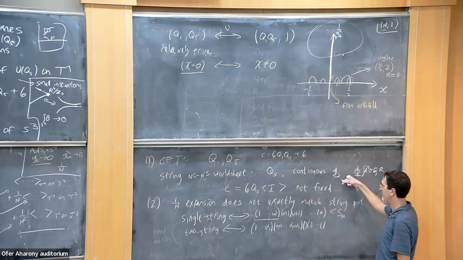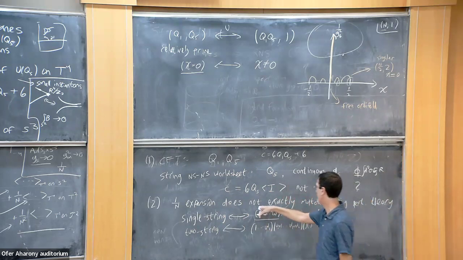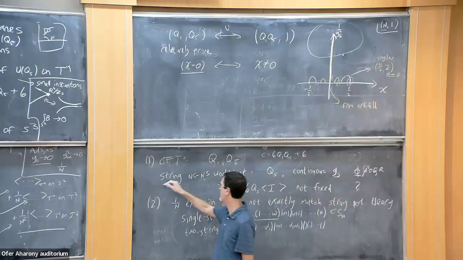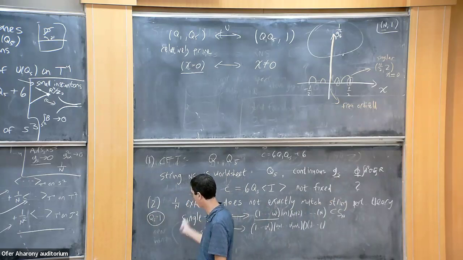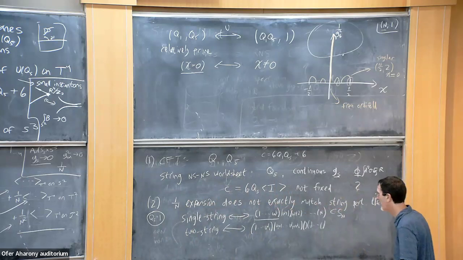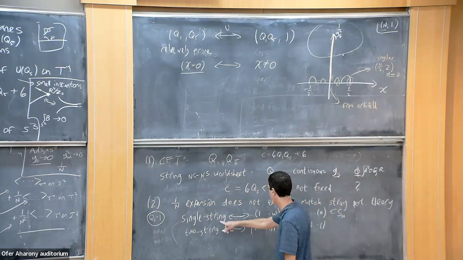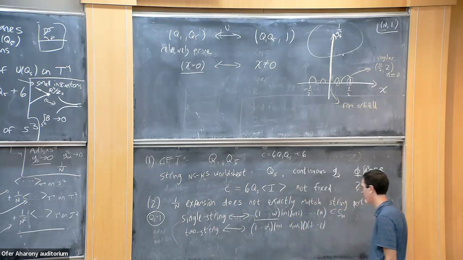So again, one mismatch is just in the number of parameters, and the other mismatch is that the single string states match. So this one is for any value of Q5. This other mismatch is special for Q5 equals 1, so that one was only realized in the last few years after the Q5 equals 1 case was well understood. So in this specific mapping, single string states map to single cycle permutations, while two string states map to two cycle permutations.